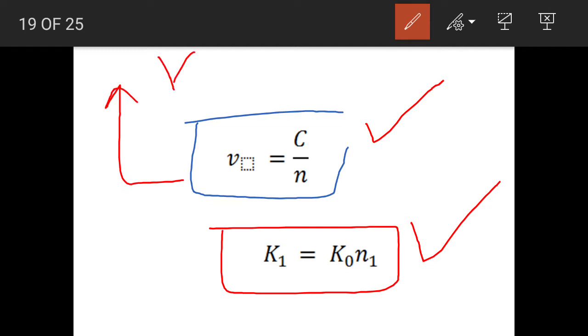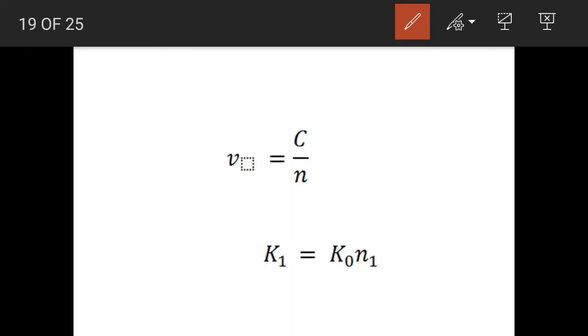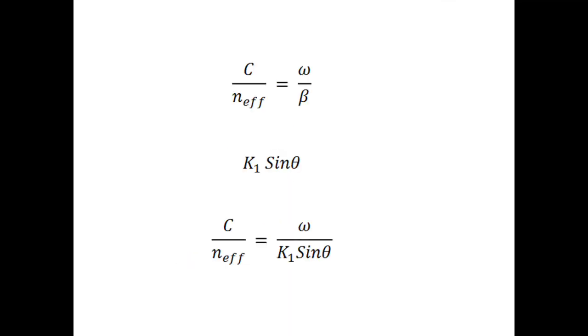We know that Vg will be equal to C by N effective. So we consider this equation, and we put the value of Vg on the right hand side, and the value of Vg is omega by beta. So omega by beta will be equal to C by N effective.